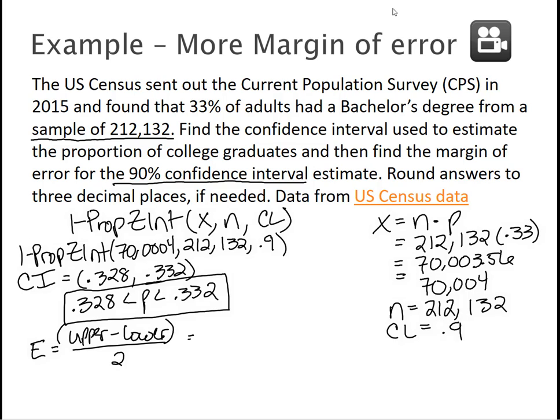My upper limit was 0.332. My lower limit was 0.328. So I get E equals parentheses 0.332 minus 0.328, close parentheses, divided by 2. And when I do that in the calculator, I get 0.002.